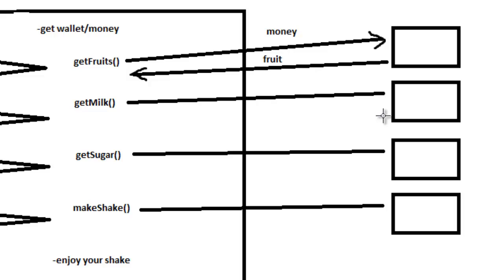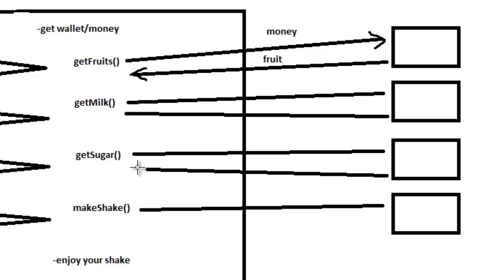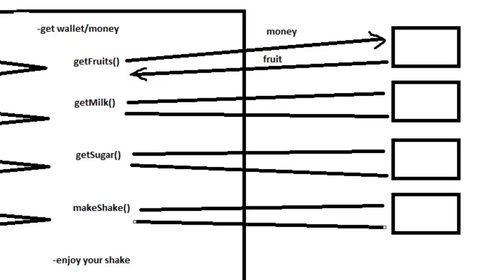Same way the second function must return something. The third function is returning something and the fourth function is also returning something, right? So we are giving something, we are getting something. The same way we are giving something here and we are getting something back from the function. The same is true for this function as well. Again, here what we are giving is money again.